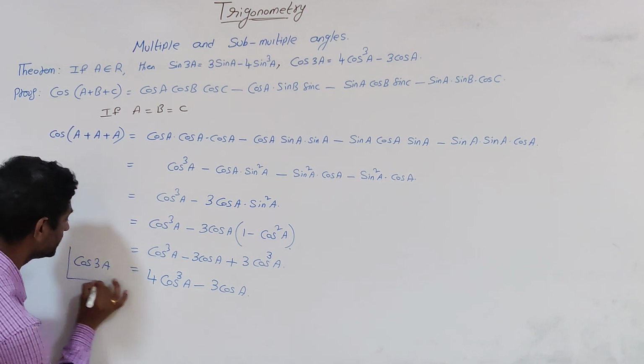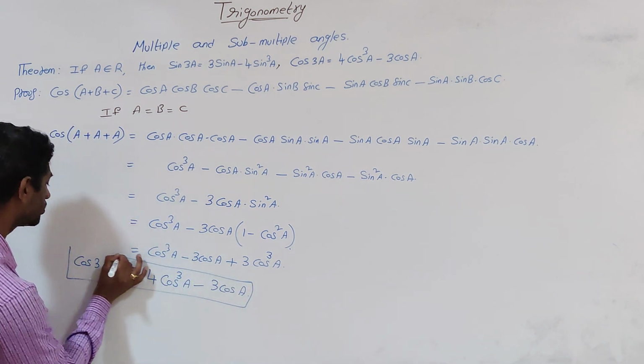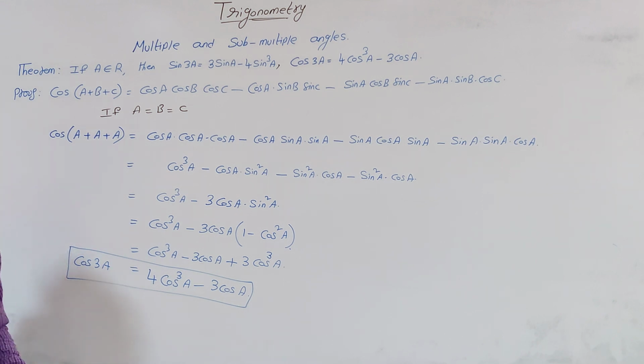So cos 3A formula is 4 cos cube A minus 3 cos A.